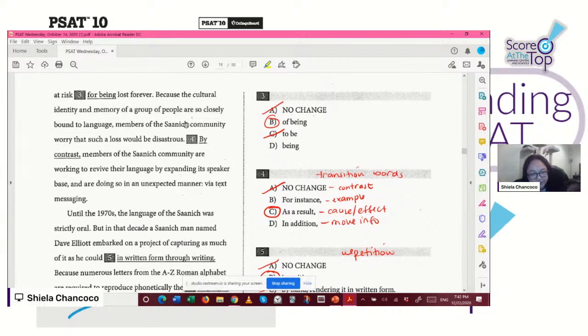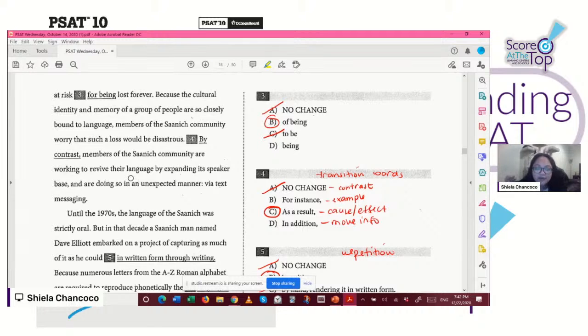So let's look. Because the cultural identity and memory of a group of people are so closely bonded to language, members of the Saanich community worry that such a loss would be disastrous. Okay, it's going to be bad if they lose the language. Blank, members of the Saanich community are working to revive their language.